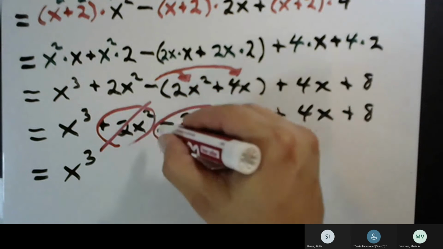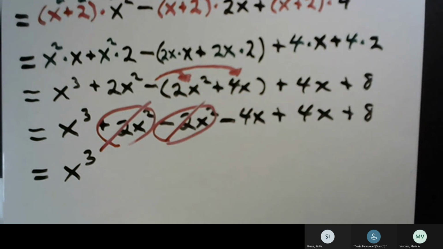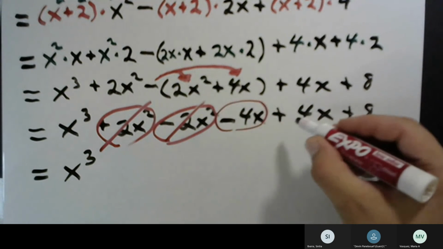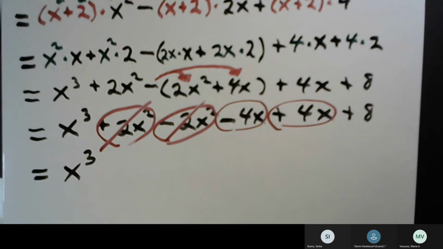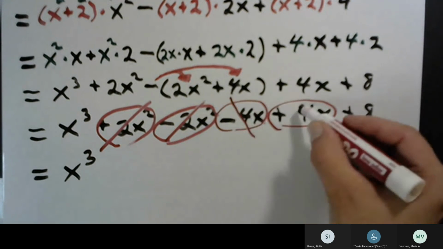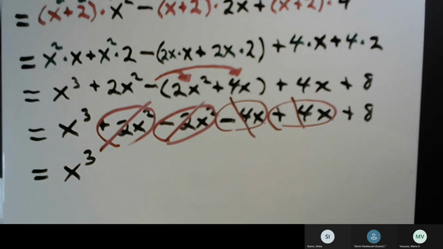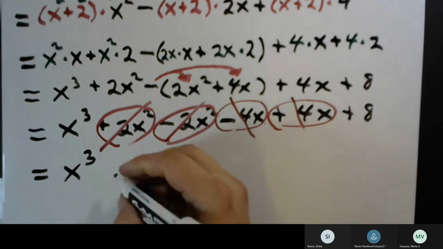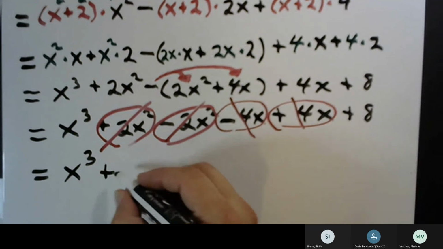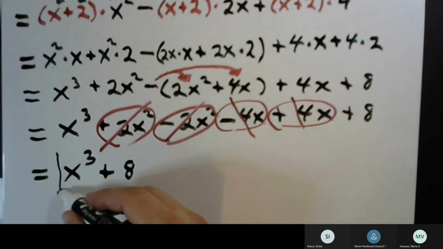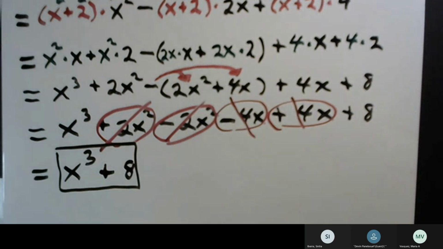These are opposites, they're going to cancel, so that's going to be 0. And then minus 4x and plus 4x, those are opposites also. That's going to be 0. So the only thing left is the 8. So I get x cubed plus 8, and that's going to be our final answer.